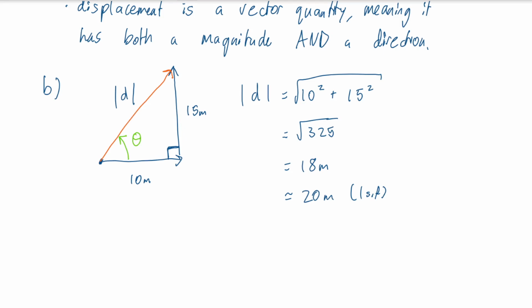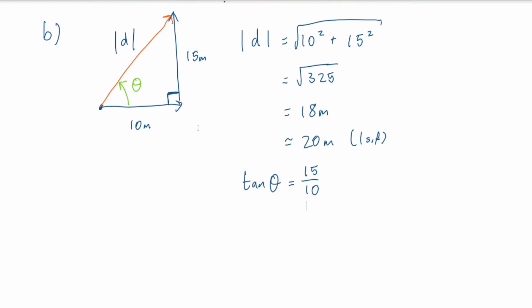So here we'd have tan of the angle is equal to the opposite divided by the adjacent, so 15/10. And to compute the angle, we need to take the tan inverse of both sides.